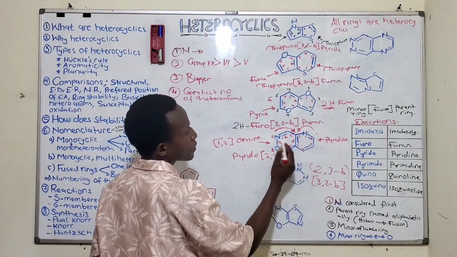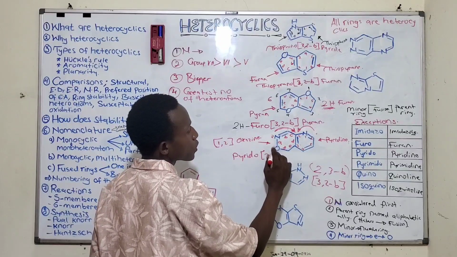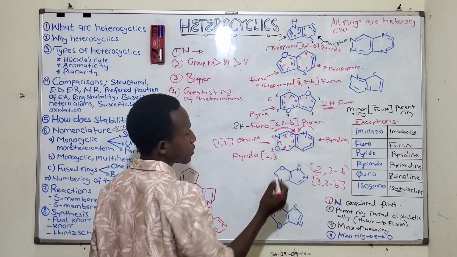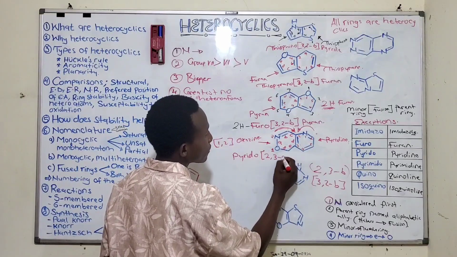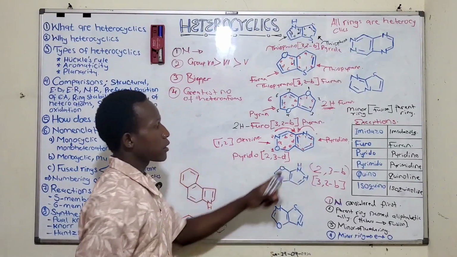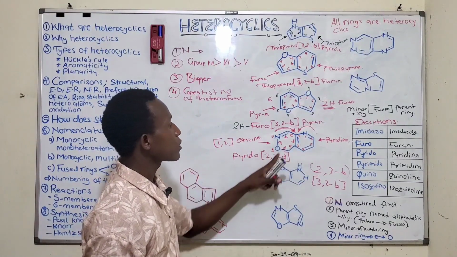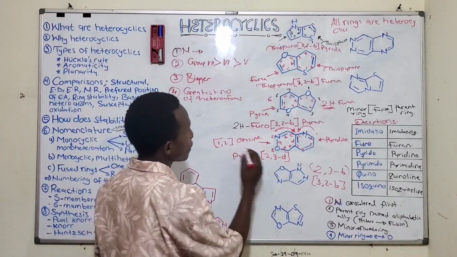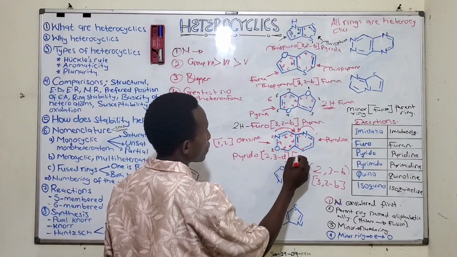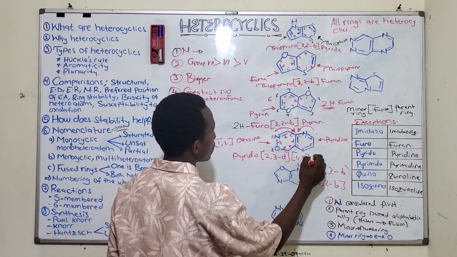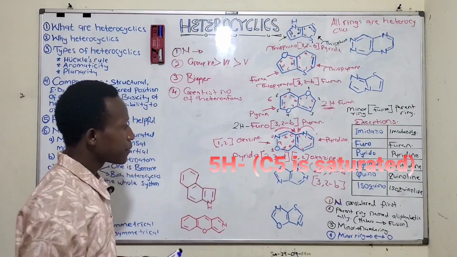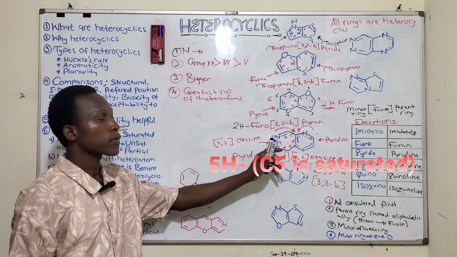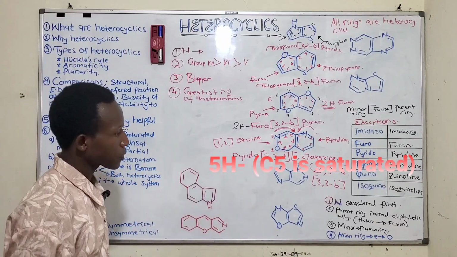So it will be 2, 3 because it's moving towards the same direction as the major ring. So it is 2, 3, D. At 2, 3 and first D, we have a fusion. Then 1, 2, oxazine. That will be the name for this heterocyclic.